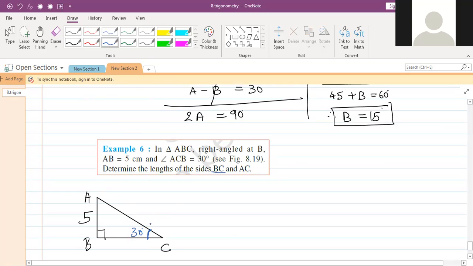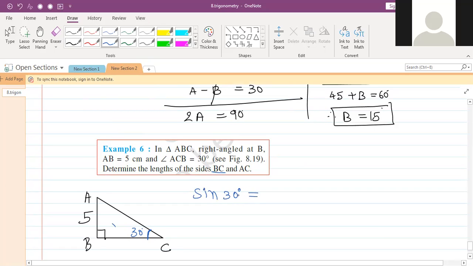In this question we have to think about which trigonometric ratio to use, so we can find AC and BC. Here this 5 is given. If I use the sine trigonometric ratio, the angle is 30 given.